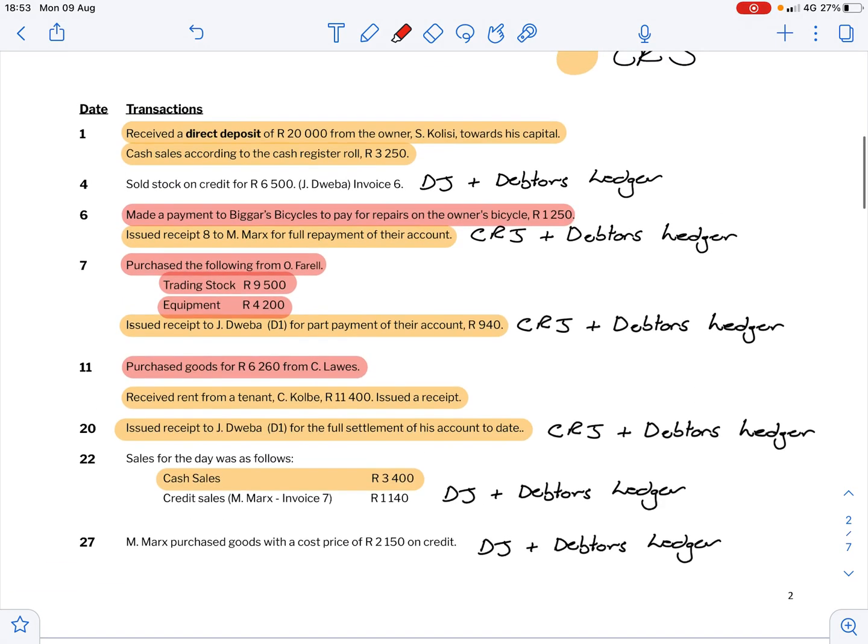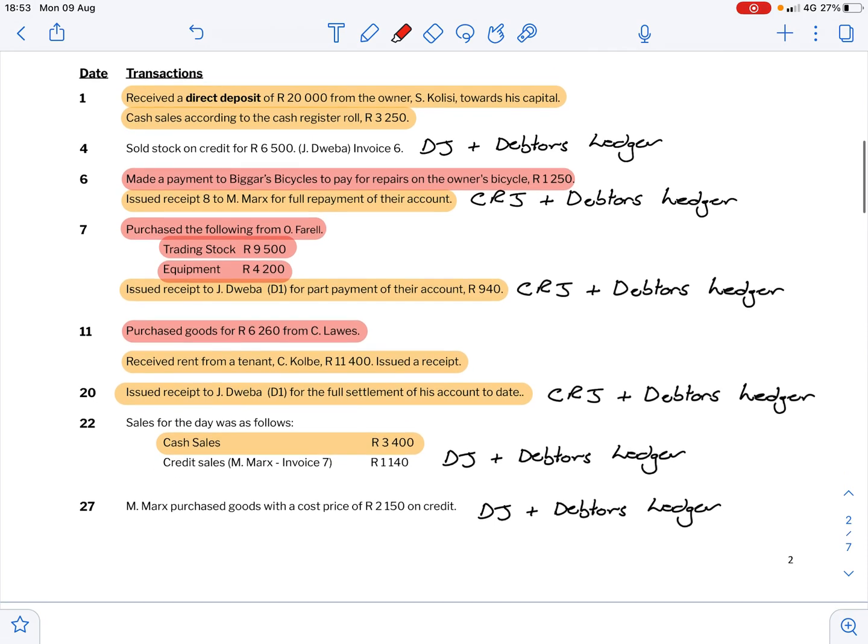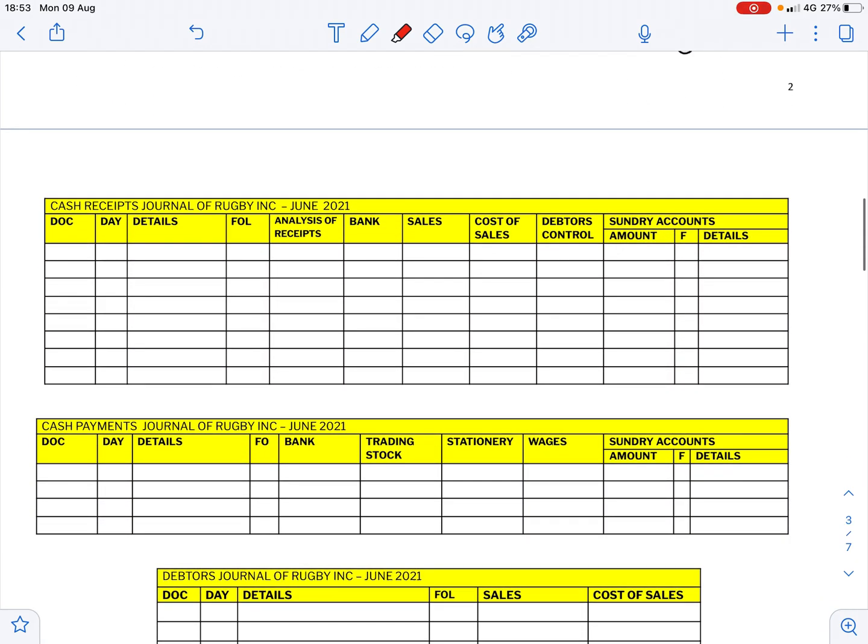we go on the 1st, we receive a direct deposit of 20,000 Rand from the owner, S. Khaleesi, towards his capital contribution. So we start off, and because it's a direct deposit, we start off with a bank statement. The date was the 1st. The owner, S. Khaleesi, is paying us. We leave analysis of receipts blank.